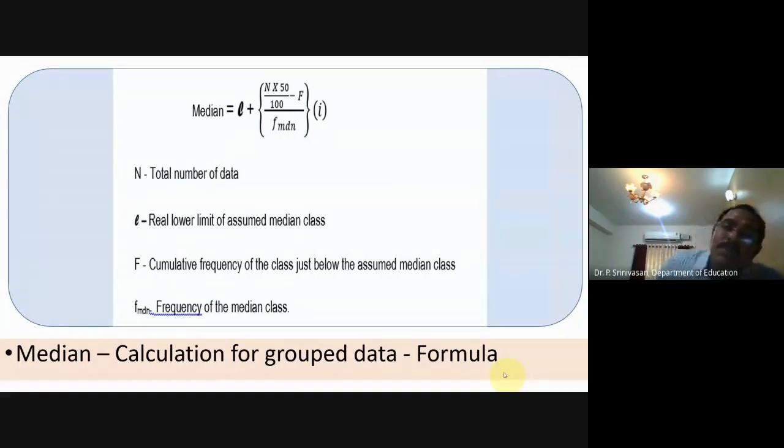What is N by 2? It is the center part of the data, half of the data. How many data are you taking? Suppose our data is 56; then the 28th data will be the half of the data.